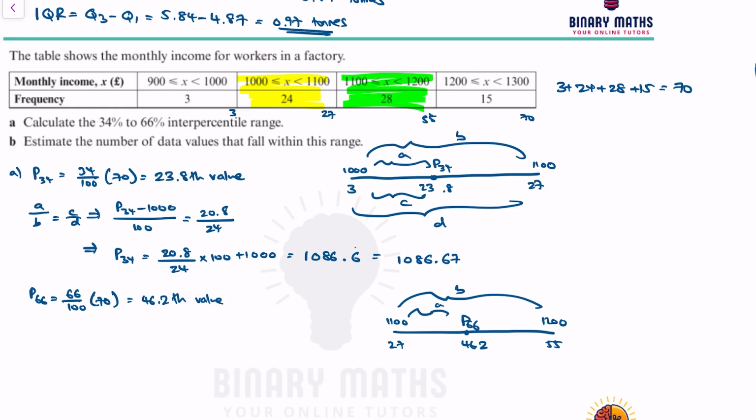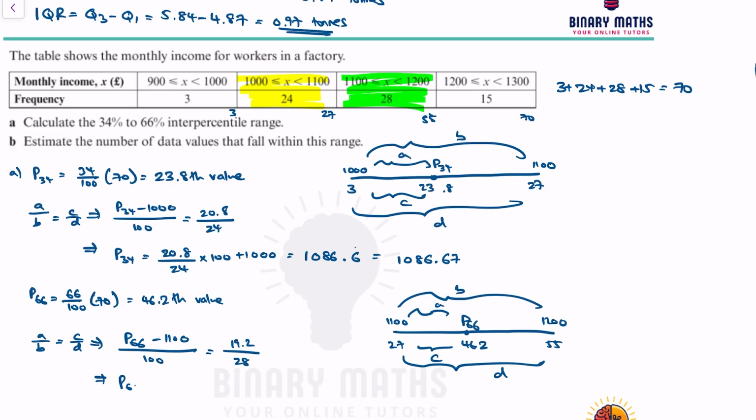So A over B is equal to C over D, which implies P66 minus 1,100 over 1,200 take away 1,100, which is 100, is equal to 46.2 take away 27, which is equal to 19.2, over 55 take away 27, which is 28.